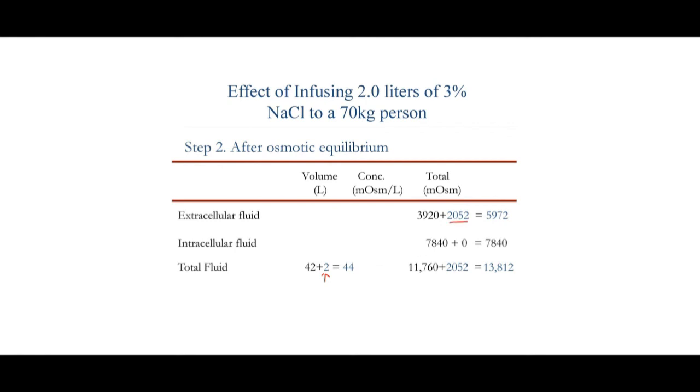We added it to the extracellular fluid because it's sodium chloride. It's not going inside the cells. So we're not adding anything to the intracellular environment. So the number of milliosmoles in the extracellular fluid has changed. Intracellular fluid stays the same, but because you added 2,000 extra, you have to also change the total. We added 2 liters of solution to get this infusion into the body. So now we have 44. What's the next step?